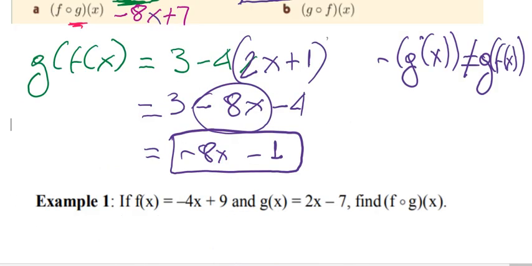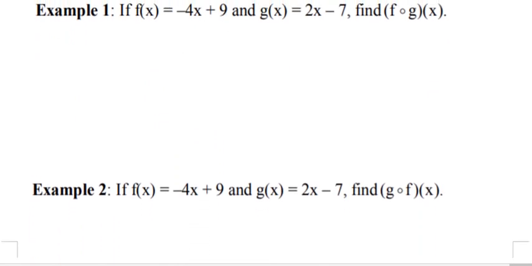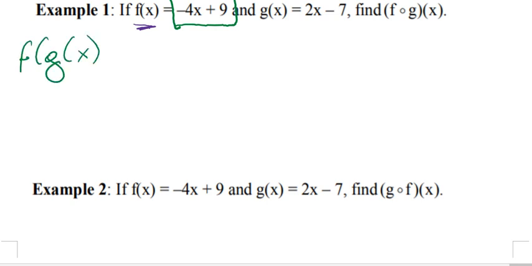Okay, so let's see what's happening in our next example. In this case, I have f of x equals minus 4x plus 9, and the g of x is 2x minus 7, and it tells me to find f of g of x. So what is inside? The g.